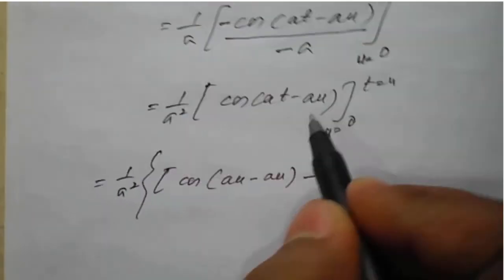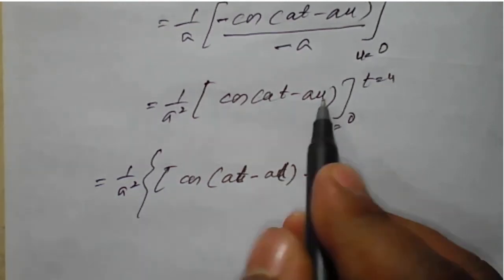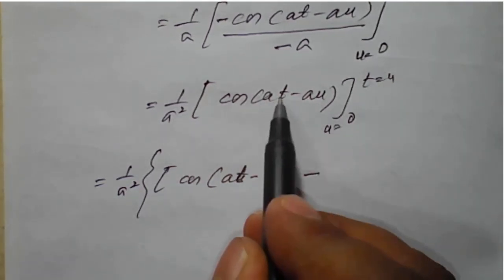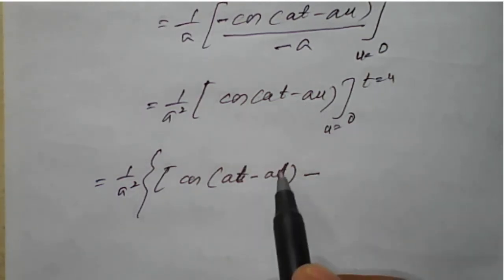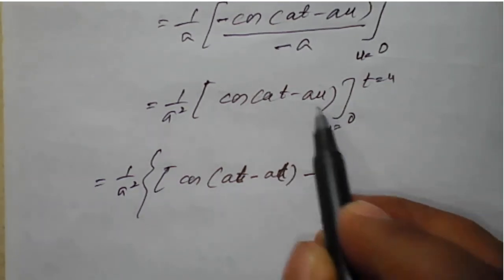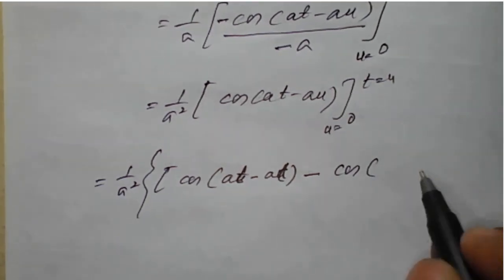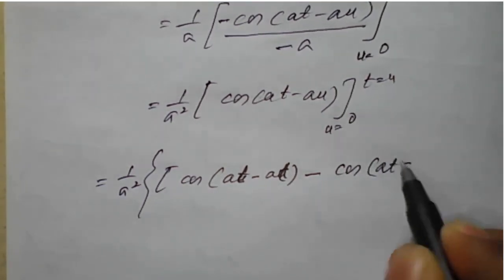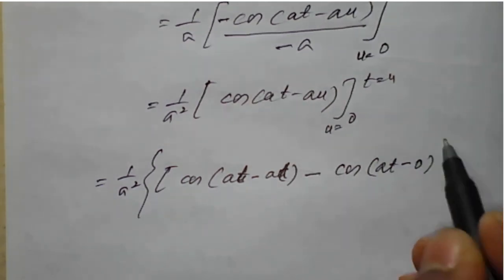So this will become cos of at minus at, where u is replaced by t. Minus, replace u by 0 as the lower limit. It will become cos of at minus au, where u is 0, and a into 0 is 0.